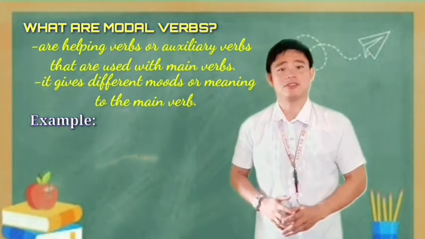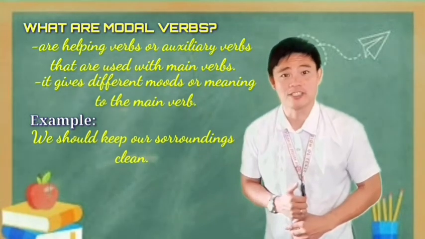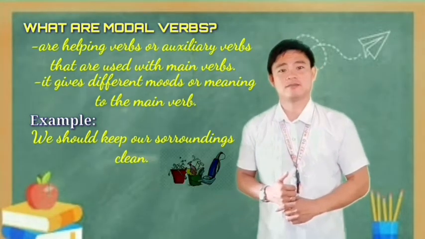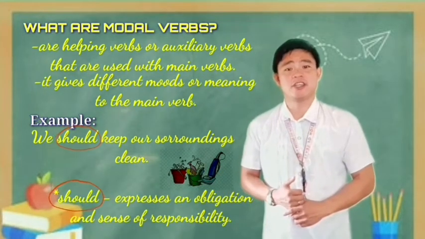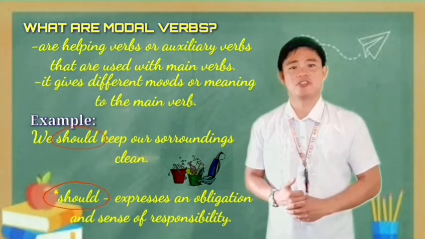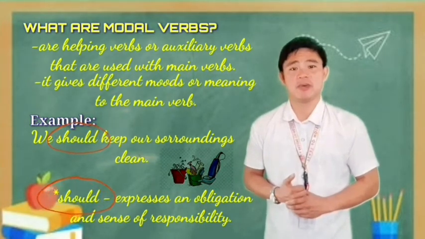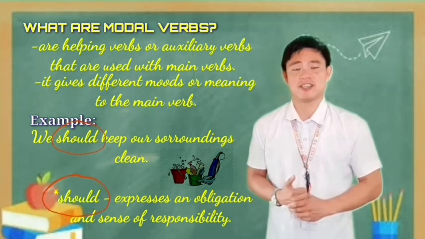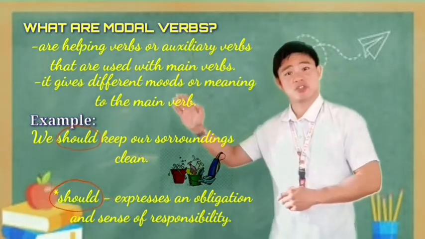Another example, we should keep our surroundings clean. In this sentence, the speaker is obliging the other person to do the task. There is a sense of responsibility to the action when we use the modal verb should.